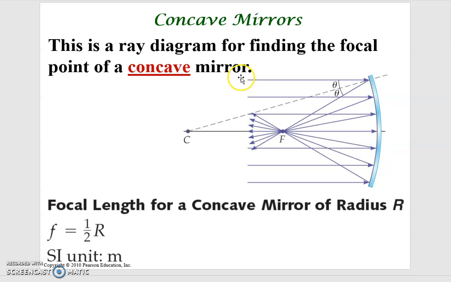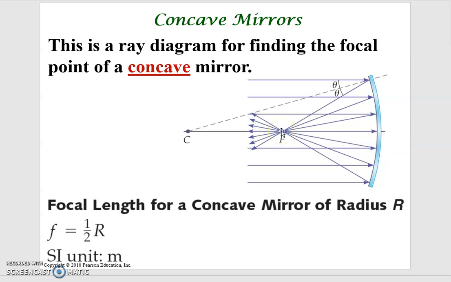And because the incoming light is parallel to the axis, the reflected light, based on the property we discussed before, will pass through a point, the so-called focal point. So you can see now all the parallel light, no matter where it interacts with the curved surface, is reflected to the same point and gathers together. And the focal point is where the image is formed.